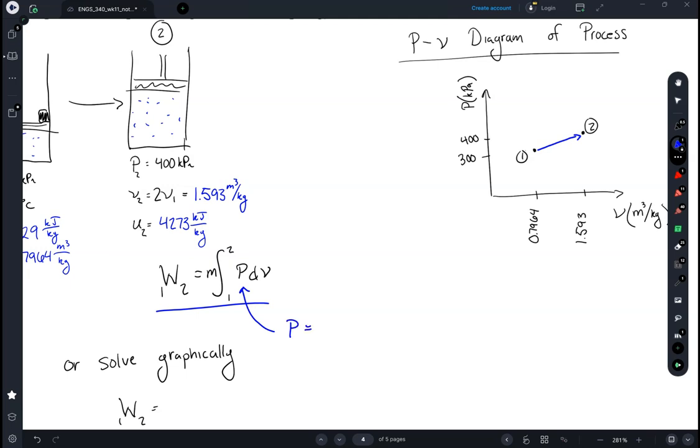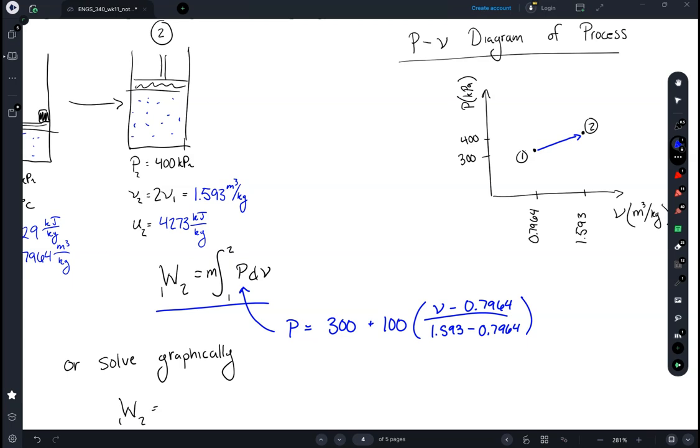So pressure equals 300 plus 100 times (V minus 0.7964) divided by (1.593 minus 0.7964).